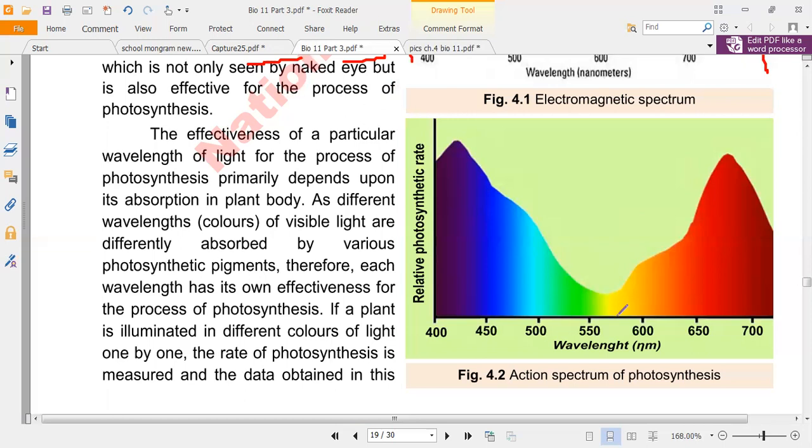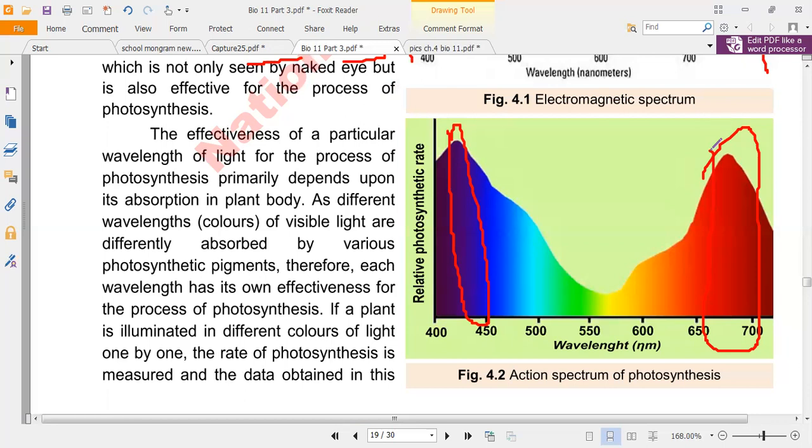So different analysis shows that the action spectrum indicates that blue light, from here, this is the peak. It means that it is mostly absorbed or mostly effective for the photosynthesis process, as well as this range from here, which is more effective for photosynthesis.